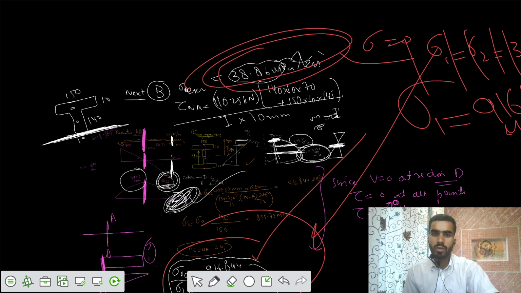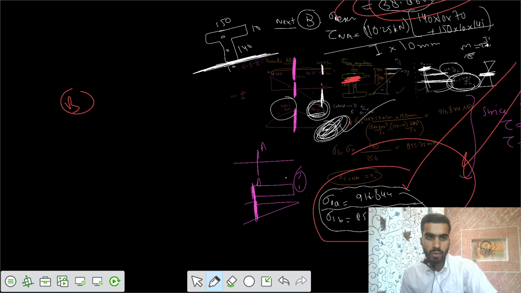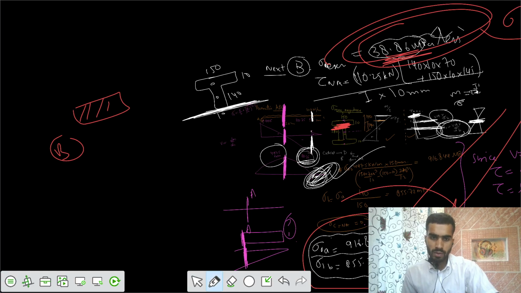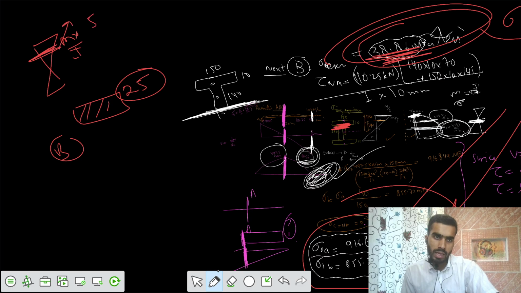You can also calculate for the point B at the junction of section B. There would be some shear stress lesser than 38, let's say 25, and there would be some value of My by I, because your M is smaller, that is 5 kilonewton meter.